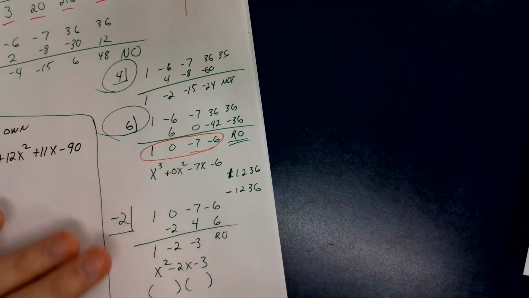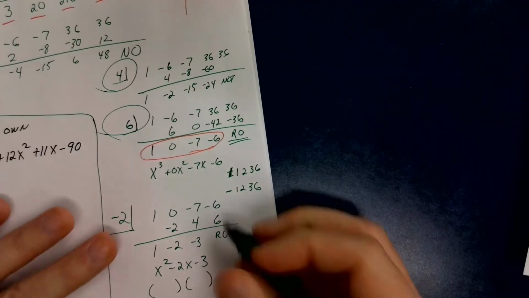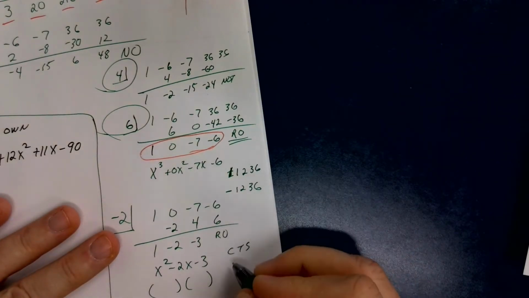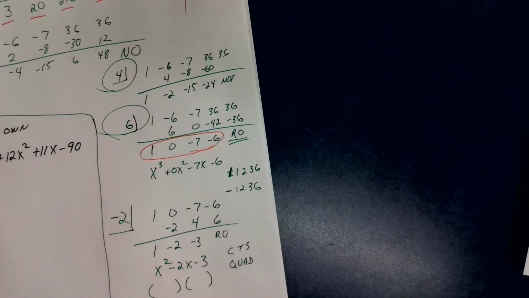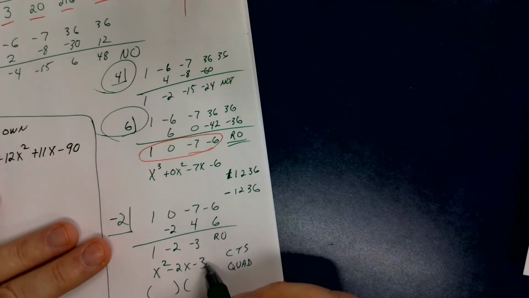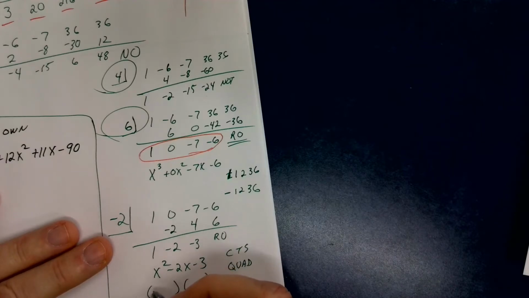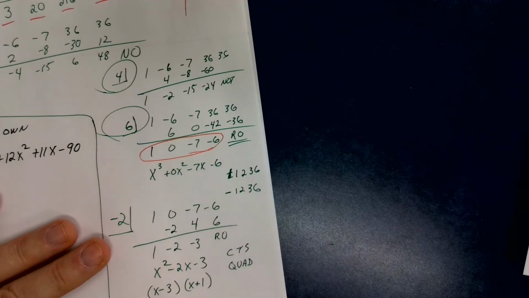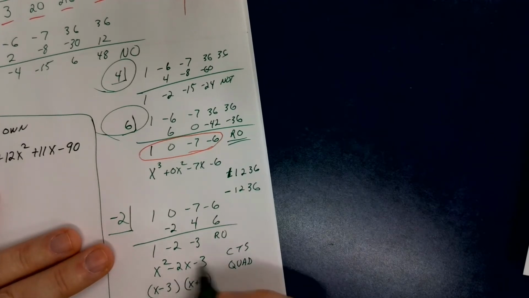Maybe I can factor that one on my own. If I can't factor that on my own, I can complete the square to solve it, or I can use the quadratic formula to solve it, whether or not they're rational or irrational. But since this is a negative 3, I'm going to check it, and I think this might be x minus 3 and x plus 1. That times that does equal that.